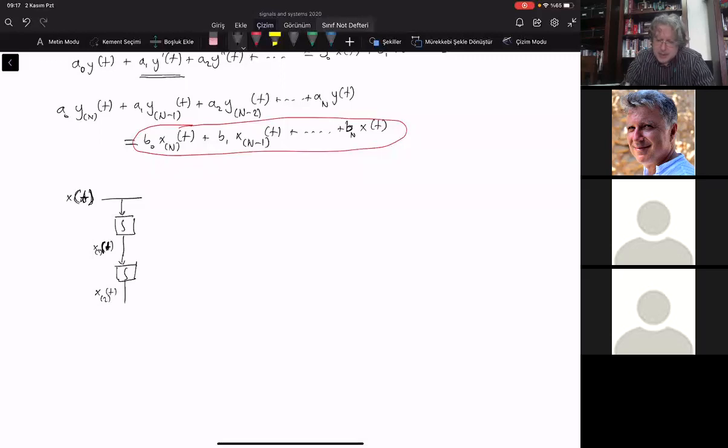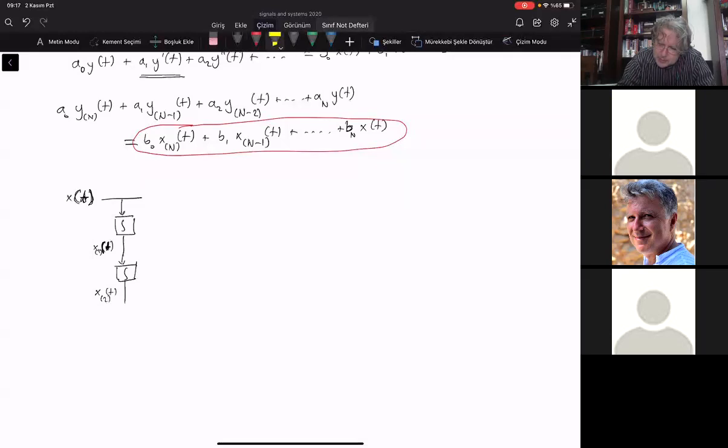Okay, after the integral. Now, what is the coefficient of x of t? The coefficient of x of t is b sub n here, as you see. So I will multiply this one by b sub n. How about x sub 1? It is the term right before the last term. So the coefficient that multiplies it is b sub n minus 1. b sub n minus 1 is multiplying x sub 1 of t. And this will be in the same order multiplied by b sub n minus 2.